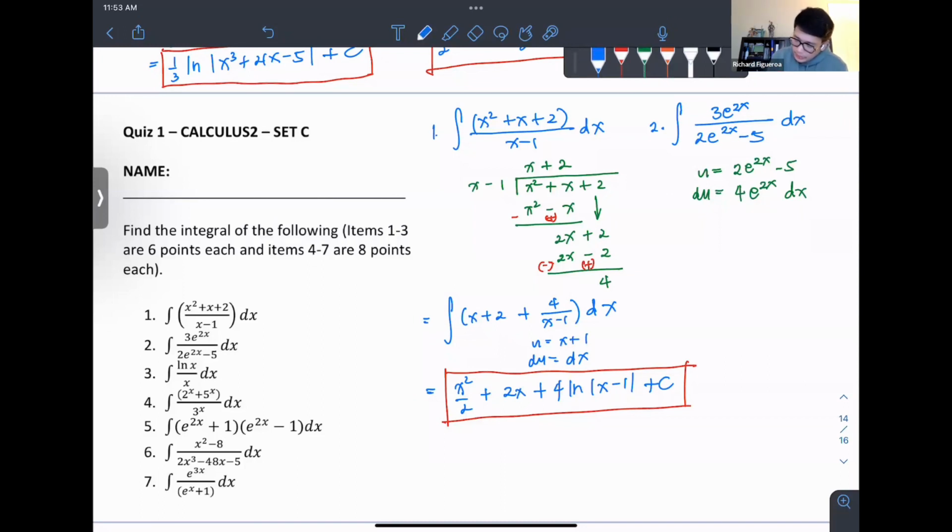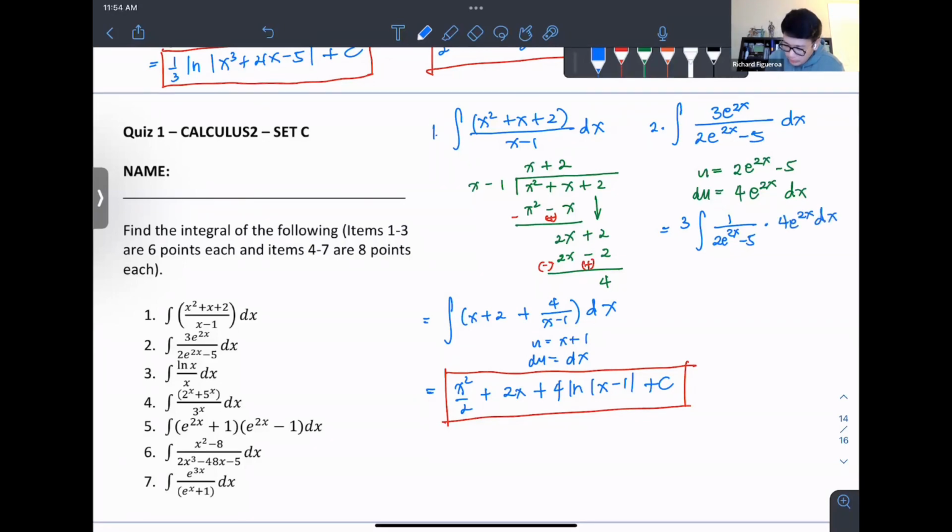So using this one as logarithm, right? So I'll move out 3. Okay, then the integral of 1 over 2e raised to 2x minus 5. However, its derivative is 4e raised to 2x dx.